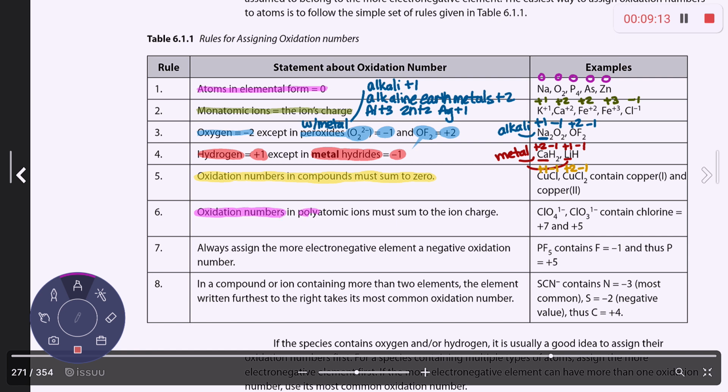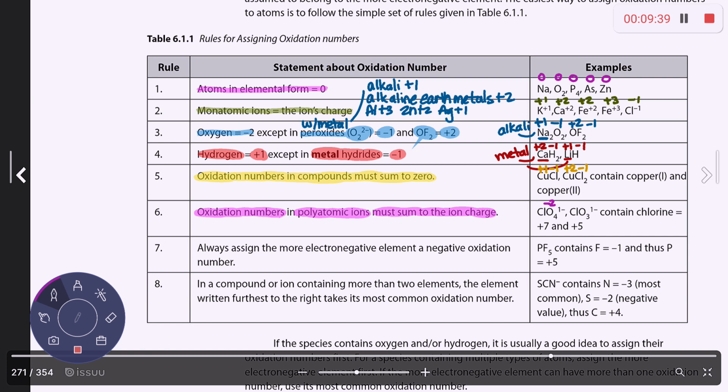Oxidation numbers in polyatomic ions, that means groups of symbols for elements with a charge on it, have to add up to the charge on the polyatomic ion. So this is where you're going to use basic algebra to figure out the unknown. So if you're looking at ClO4 -1, you know that oxygen is a -2. We're going to calculate chlorine.